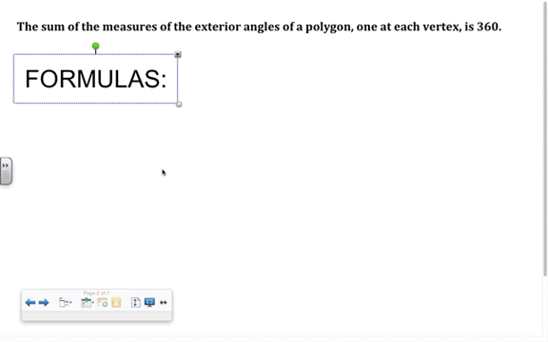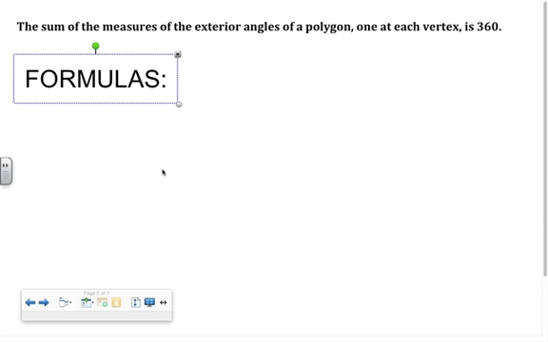Something that isn't necessarily a formula, but is a really wonderful tidbit of information, and I gave this to you on that sheet: the exterior angles of any polygon, no matter how many sides it has, will always add up to 360.